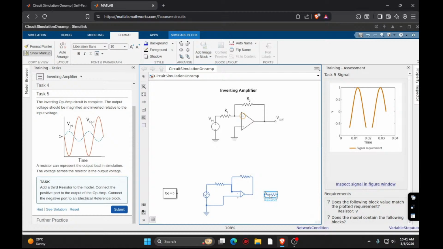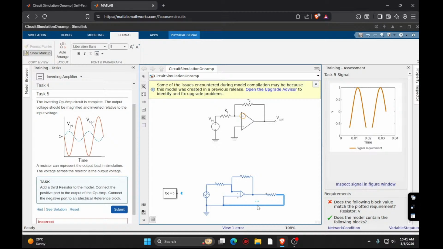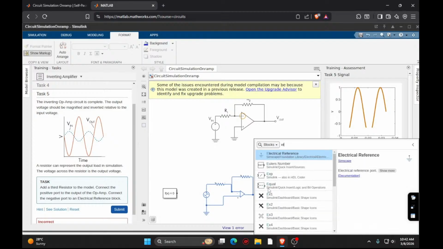Connect the positive port to the... okay. Let's see. It's acting like a feedback, so I have to add an electrical reference.